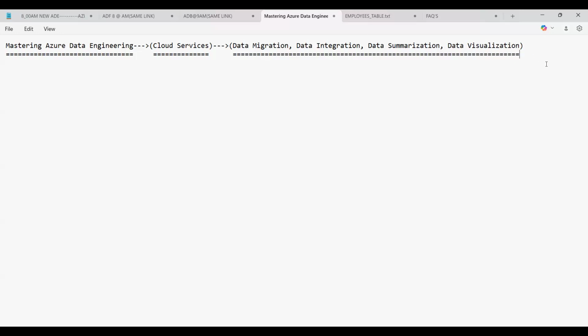So to understand what Azure data engineering does, first we have to understand what all these are. If you understand these four things, then you know the whole data engineering. It can be Azure data engineering, or Amazon, that is AWS data engineering, or GCP, Google Cloud Platform data engineering.